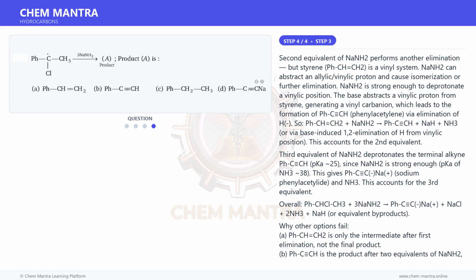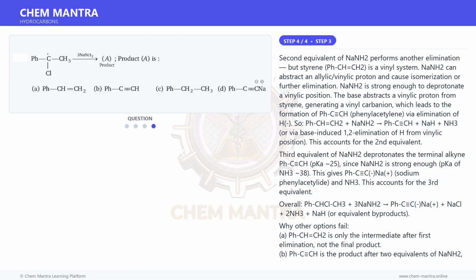And for the final step, the second equivalent of NaNH2 performs another elimination, but styrene, PhCH=CH2, is a vinyl system. NaNH2 can abstract an allylic or vinylic proton and cause isomerization or further elimination. NaNH2 is strong enough to deprotonate a vinylic position.